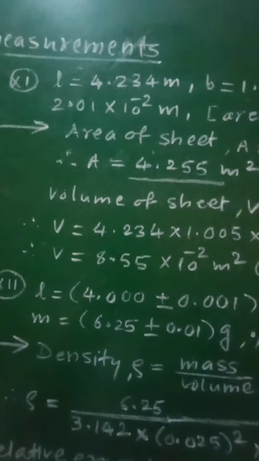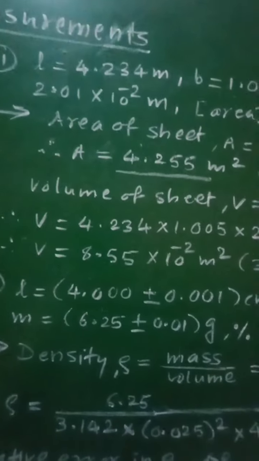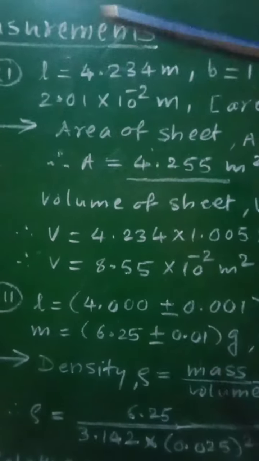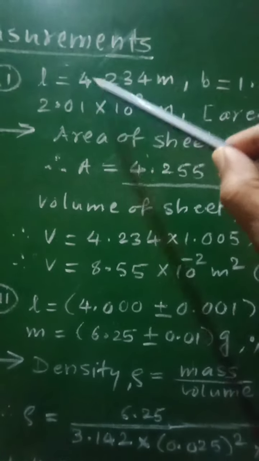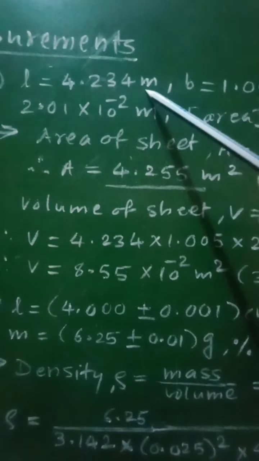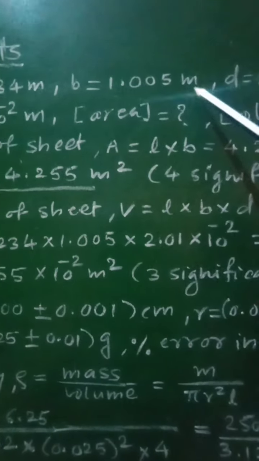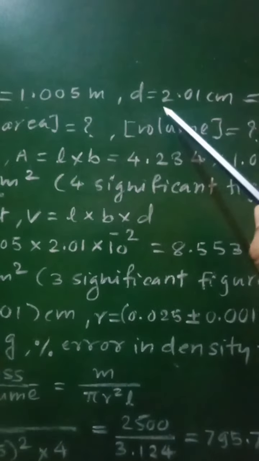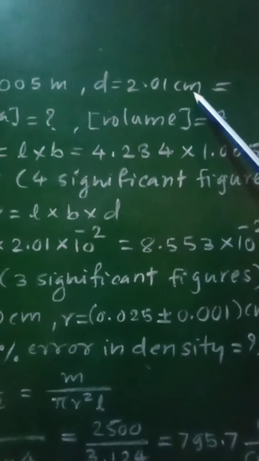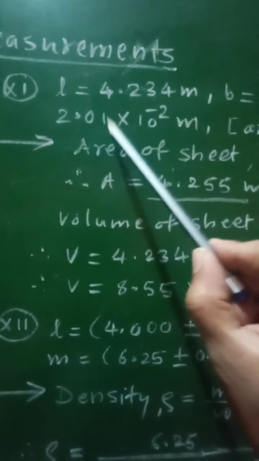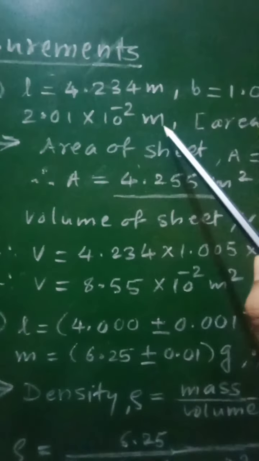So L is equal to 4.234 meter, B is equal to 1.005 meter, D is equal to 2.01 centimeter, that will be equal to 2.01 into 10 raised to minus 2 meter.